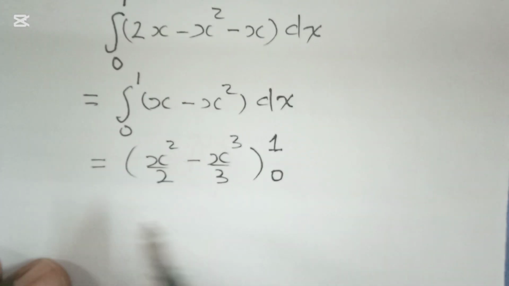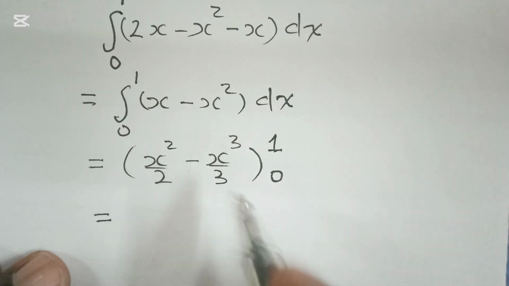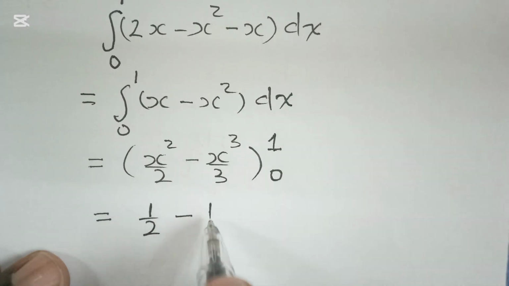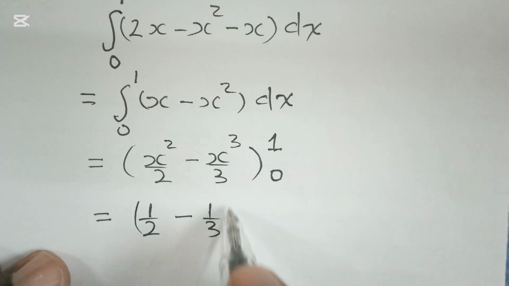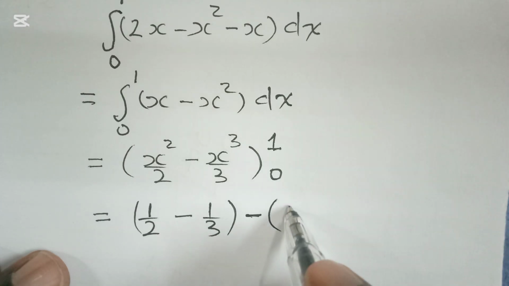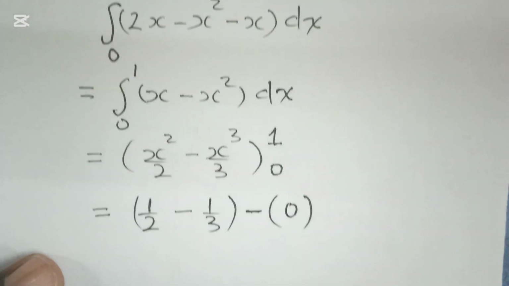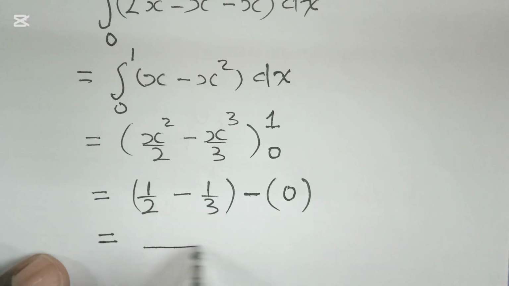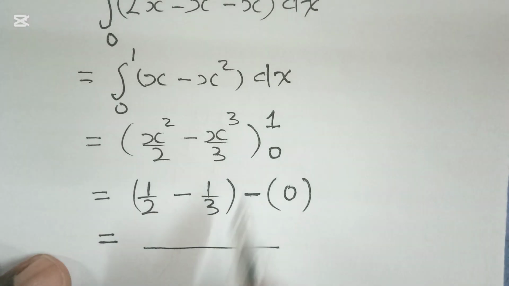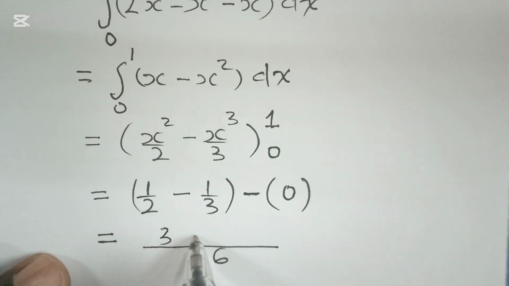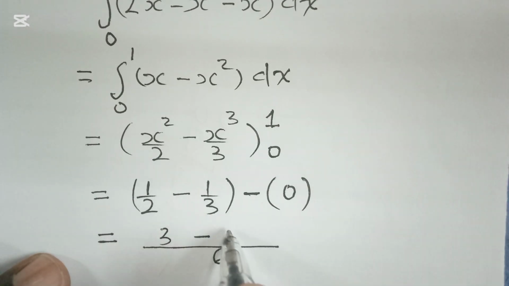Guys, now we can put in our 1, and we shall have a half minus a third, all that minus, now we put in the 0. For that one, guys, all of them are going to be zeros. And so therefore, we can find the LCM, which is 6. 6 divided by 2 is 3, minus 6 divided by 3, that is 2.